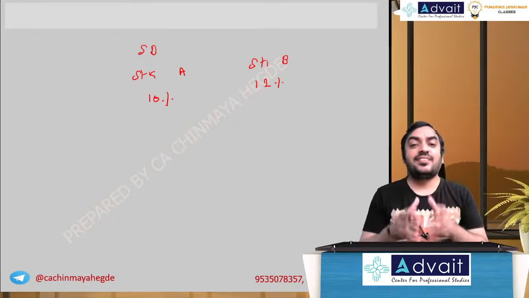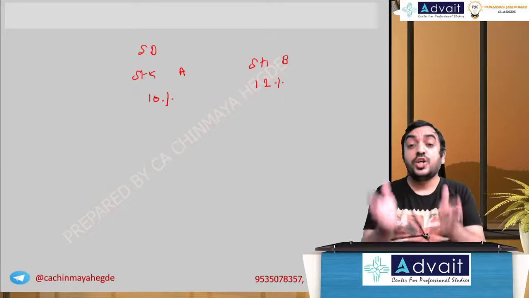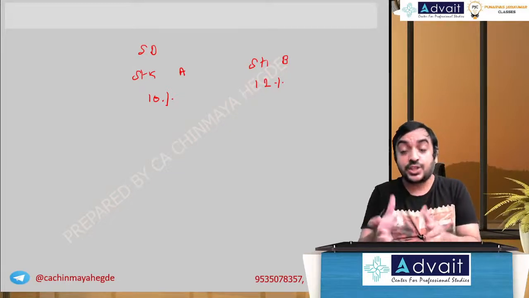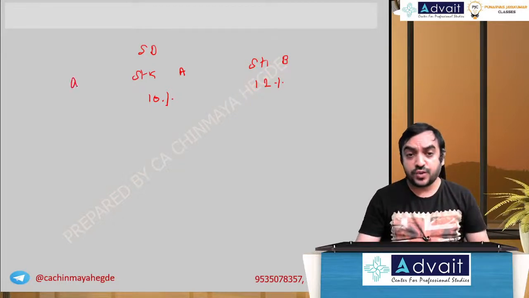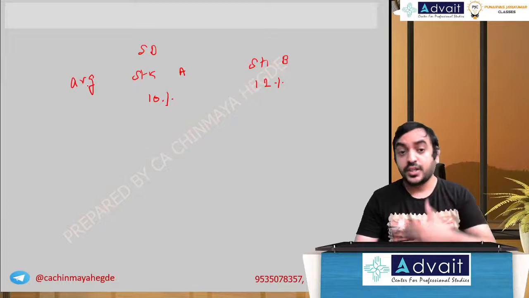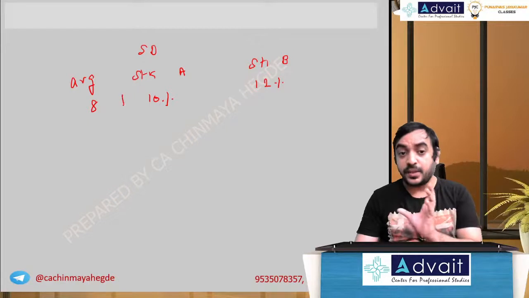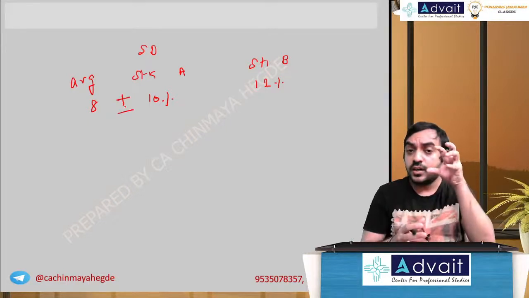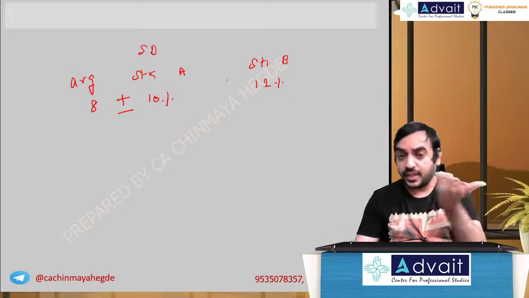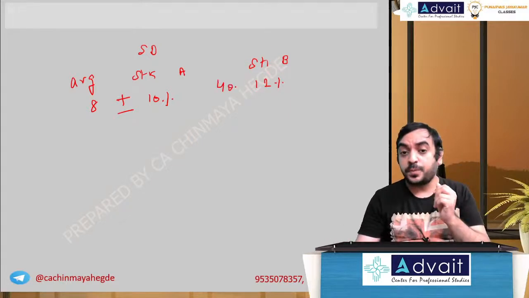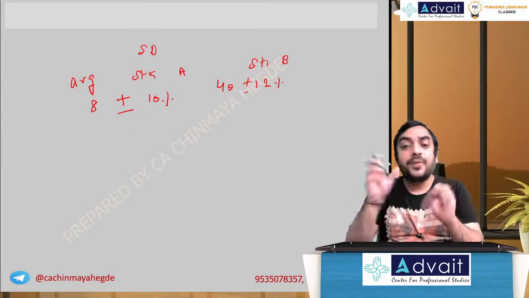When you calculate standard deviation, it is a measurement of movement or measurement of deviation from average. So you have to calculate average of a stock. Suppose the stock average is 8% and standard deviation 10 means, okay, it is likely to move from 8 plus or minus 10%. And stock B, if it is likely to be, let's say, 40% plus or minus 12%. So it looks like 10, 12, stock B is more riskier.